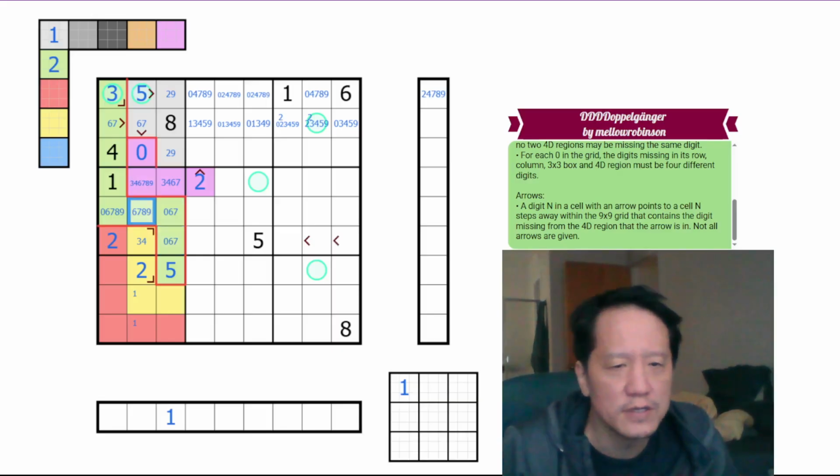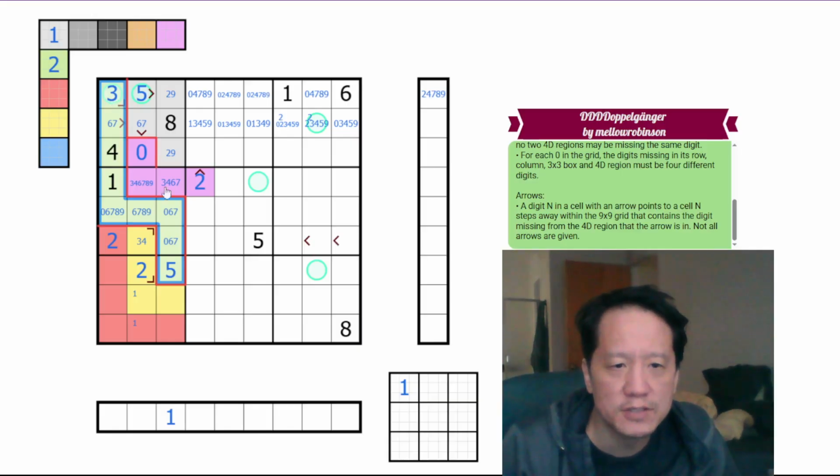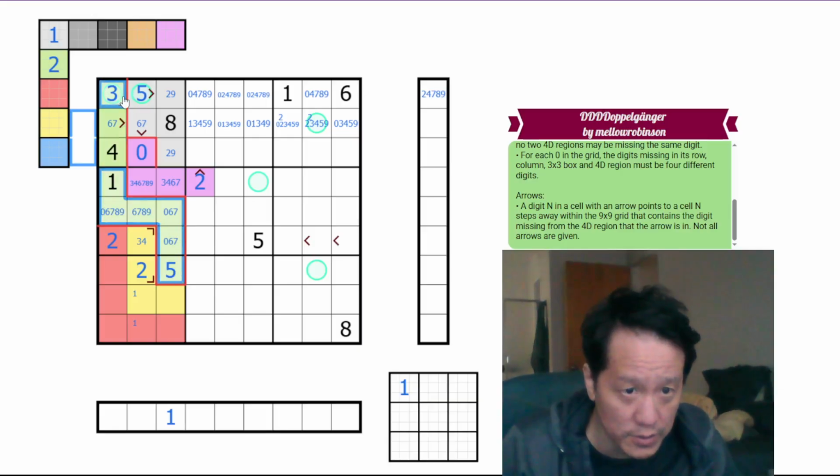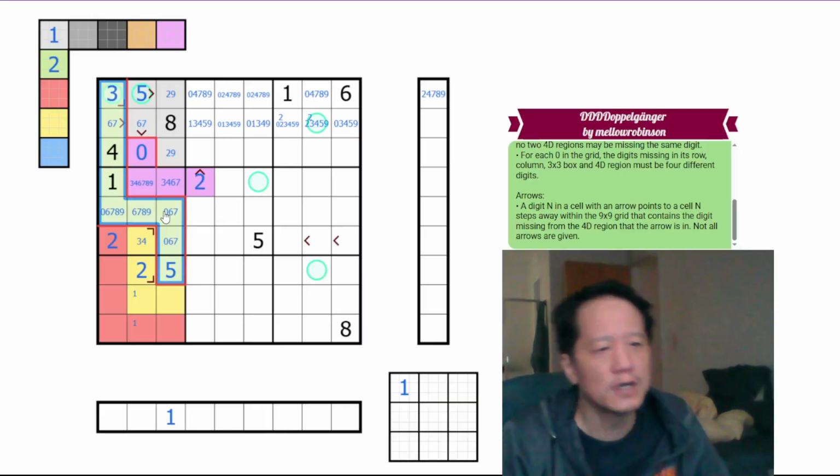So we'd be missing... Okay, so... because we're missing a 2 in the green region. That's the reason why. Right? We're missing a 2 in the green region. So that means... Huh.